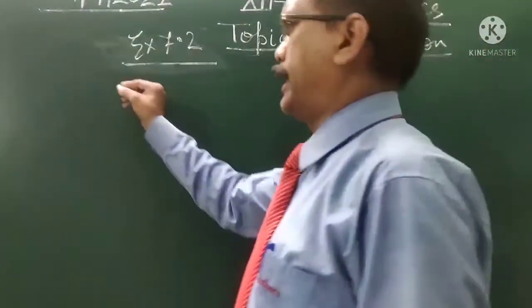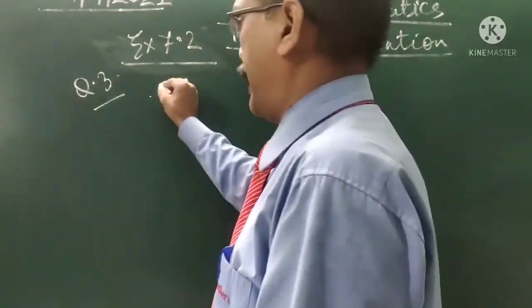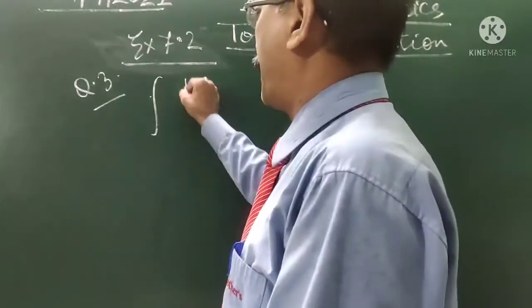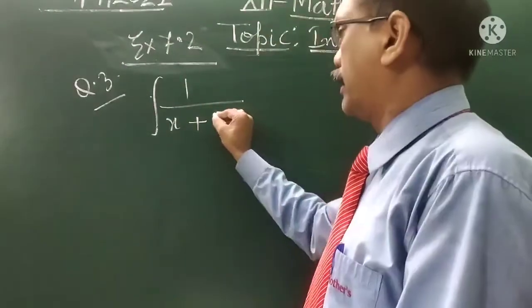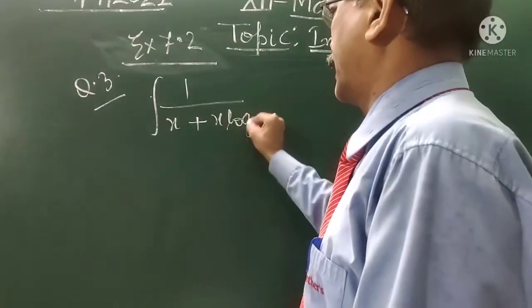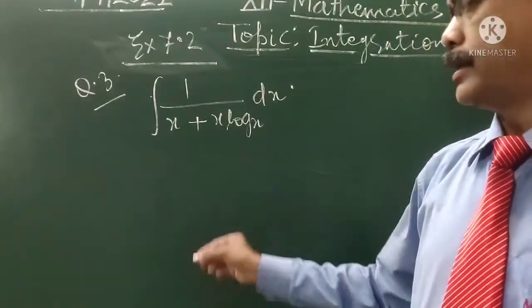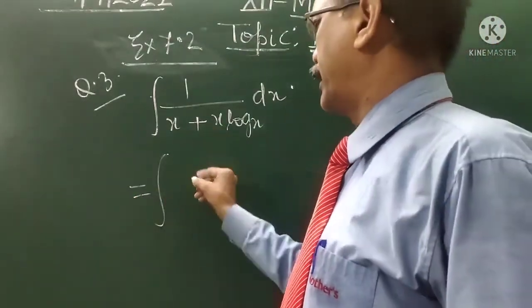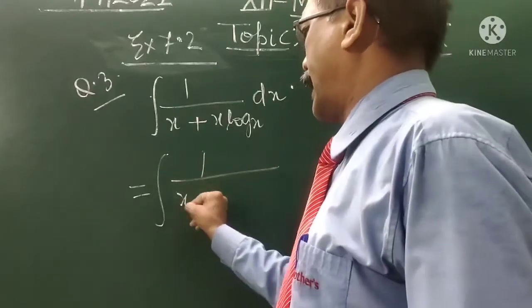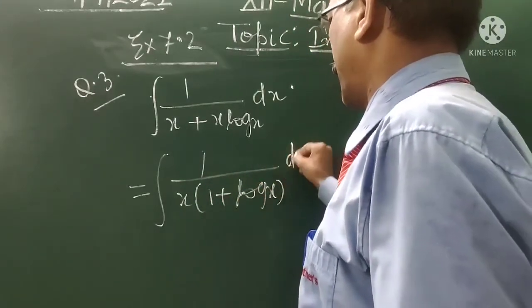Now next is question number 3. Question is integrate 1 upon x plus x log x dx. Dear student, we will take x common. So 1 upon x into 1 plus log x, dx.